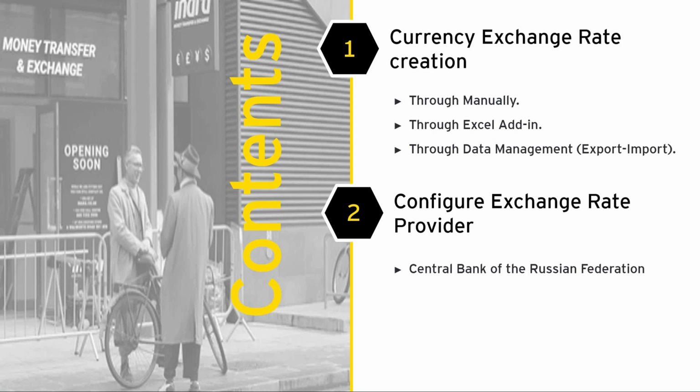The second is the Central Bank of Europe, with the euro currency. The third is OANDA rates, a third party vendor for which we require an API ID to configure in the system.